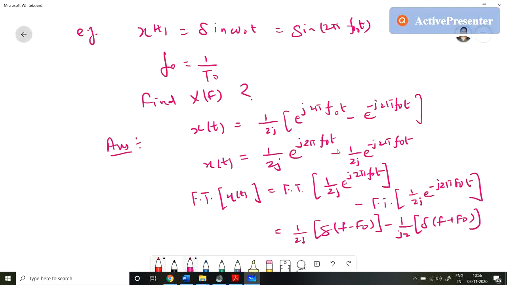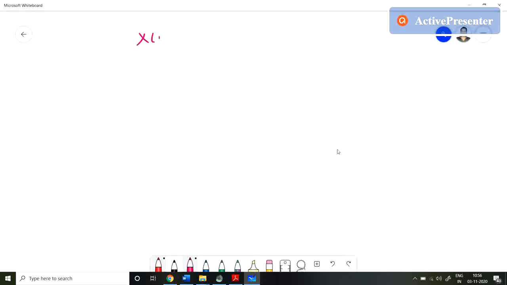So finally X(f) is equal to 1 divided by 2j times delta(f minus f naught) minus delta(f plus f naught). This is the Fourier transform of sin omega naught t.